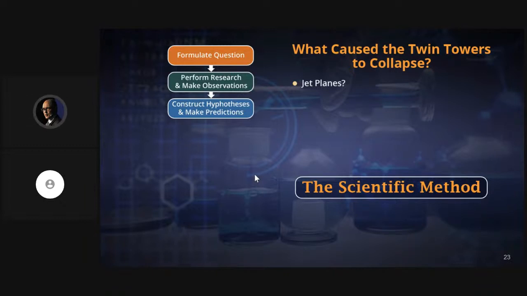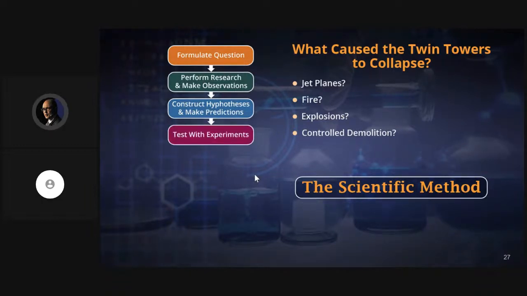Maybe the jet planes brought them down. Maybe it was the ensuing fires or explosions, which were heard as well. All of the hypotheses are laid out without specific power given to one or another of them due to our financial or political obligations that we might have.